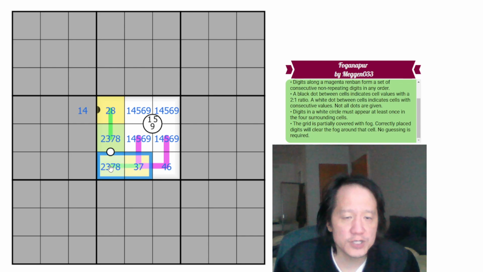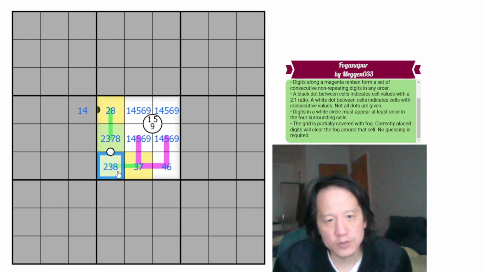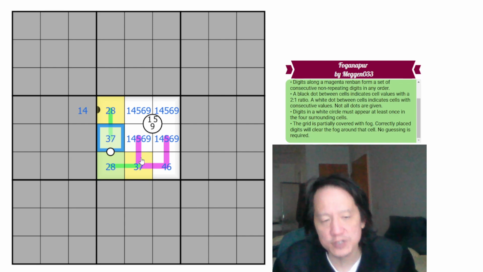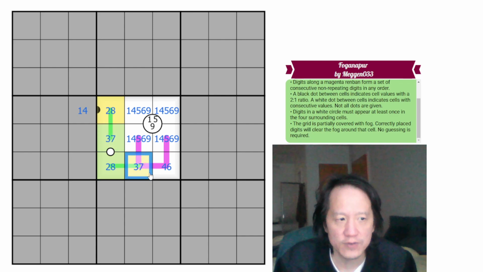This is 3 or 7. If this is 3, it has to be with an 8, so it cannot be with 7. If this is 7, it has to be with a 2. So now we have a 2, 8 pair. Therefore, in the rest of box 5, there cannot be a 2 or 8, so this has to be 3 or 7.